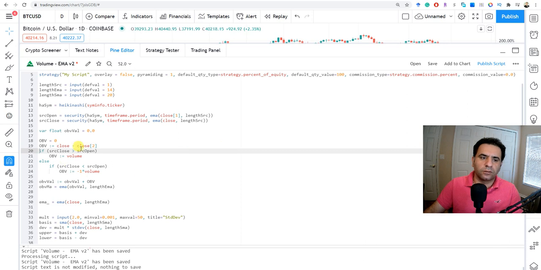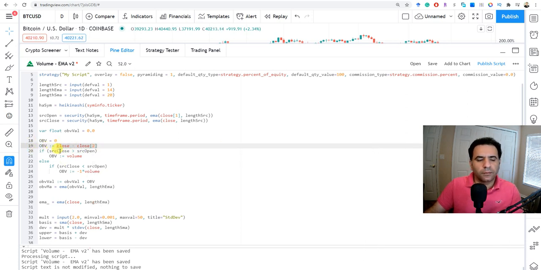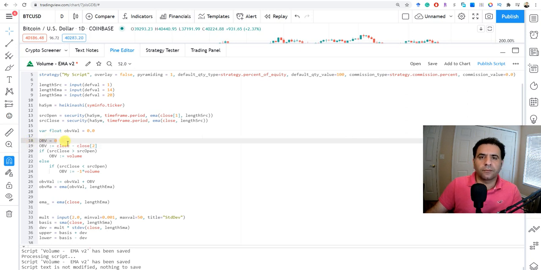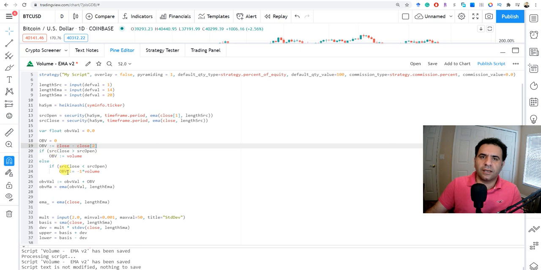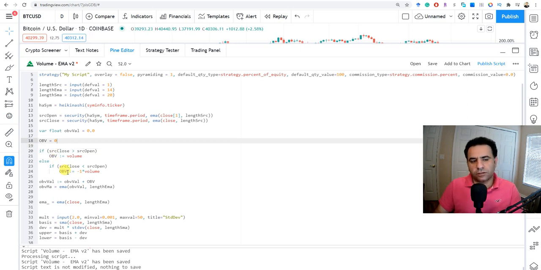Close is a float, and you cannot redefine OBV and set it as a float, because when the compiler looks at this line, it says, okay, 0 is an integer, and OBV is defined as an integer. But here, close is a float, and you cannot assign a float here. So you should say 0.0. Then the compiler knows that you're talking about a float.